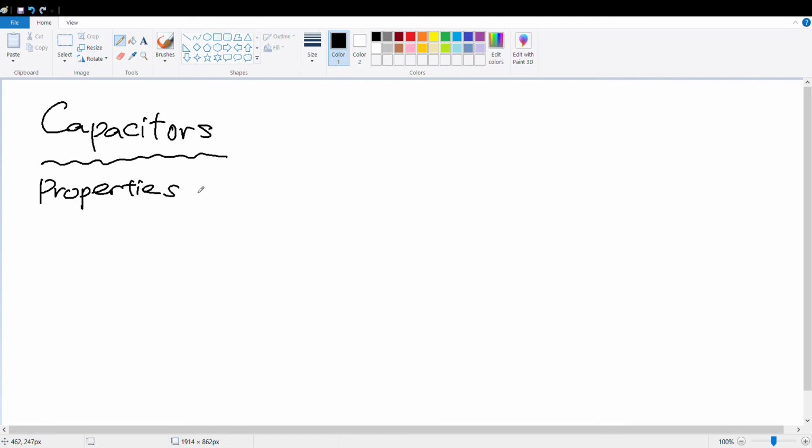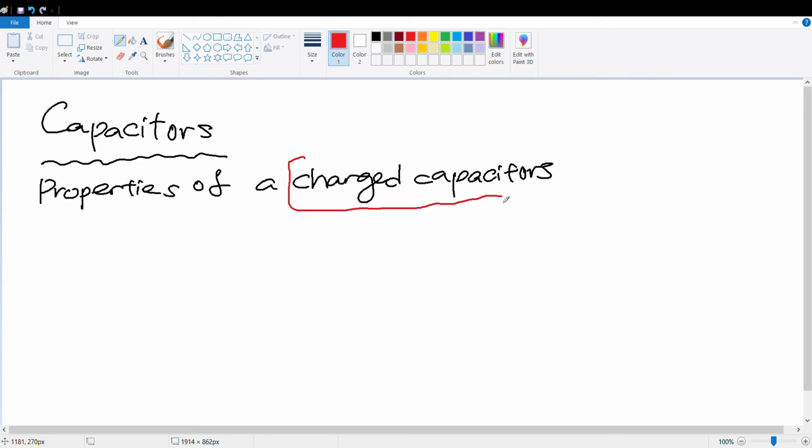Properties of a charged capacitor. This charged capacitor, let me just highlight it, means the capacitor which is attached to the power supply.